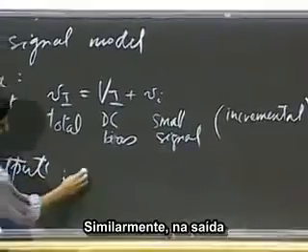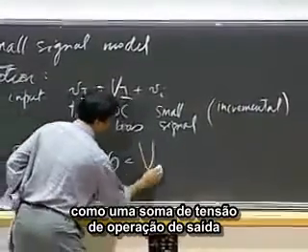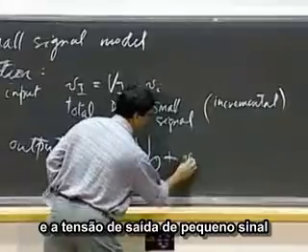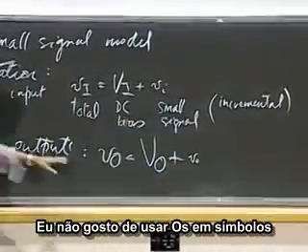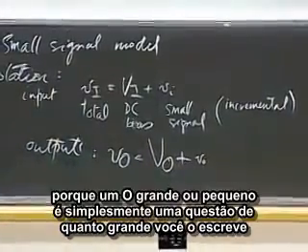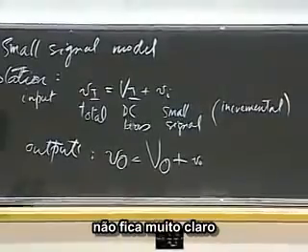Similarly, at the output, my total variable is a sum of the output operating voltage and the small signal voltage. I don't like using O's in symbols because big O and small o is simply a function of how big you write them. It's not super clear.